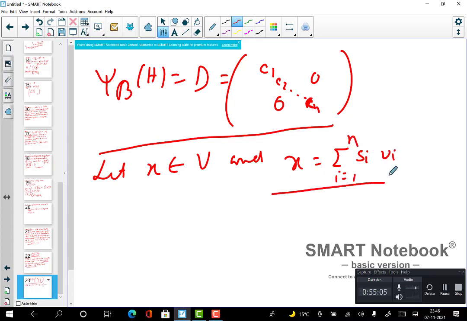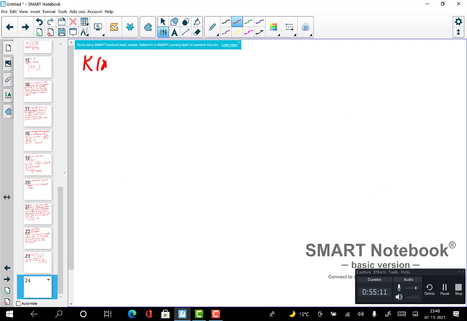Okay. Now once you write this, by definition K of X has to be H of X, X. H is a symmetric bilinear form, and you know the matrix of H. By the theorem we proved, every bilinear form comes from a matrix, right? This is the one-to-one correspondence between matrices and bilinear forms for finite dimensional vector spaces.